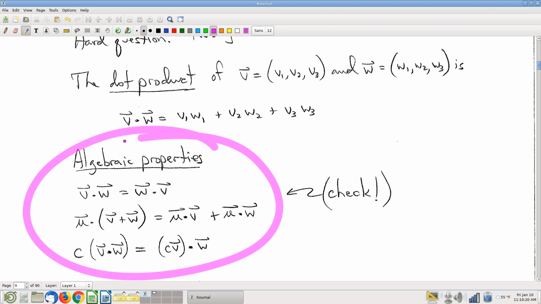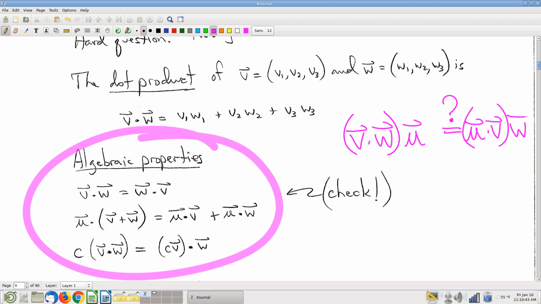And no. And let me show you. I referred to this previously. Let me end on this. Here's something that feels like it ought to be true, but isn't. Doesn't it feel like (V dot W) times U ought to be equal to U dot (V times W)? I mean, isn't that like the associative property of multiplication or something?